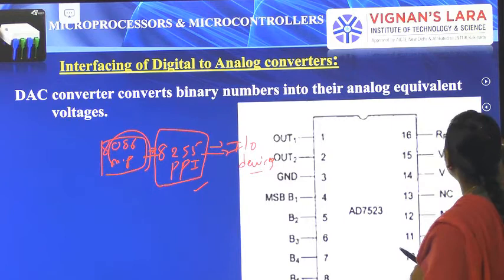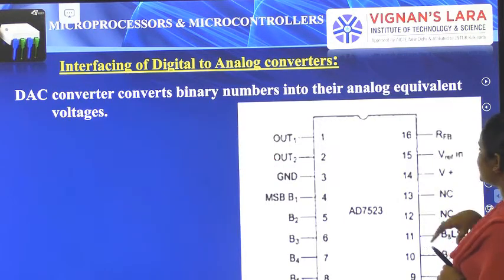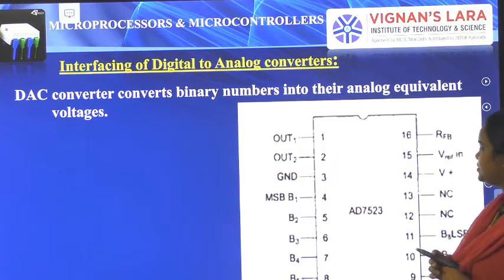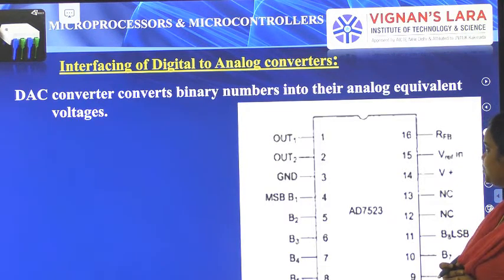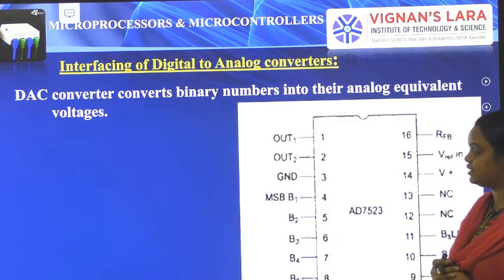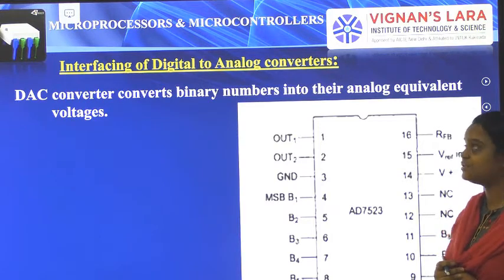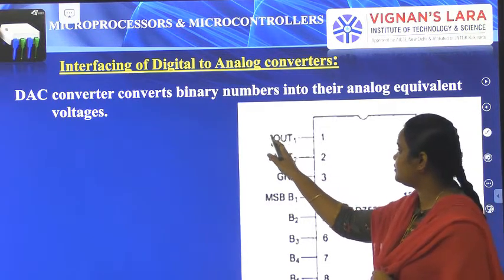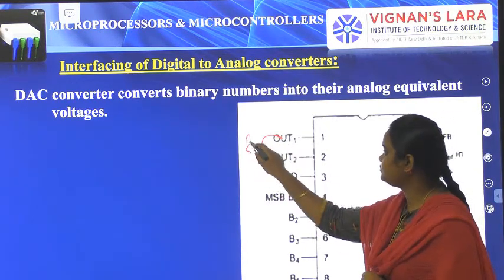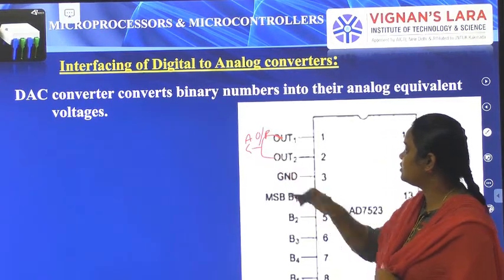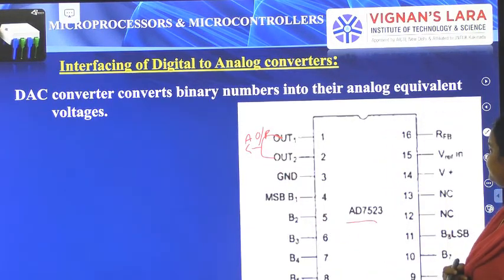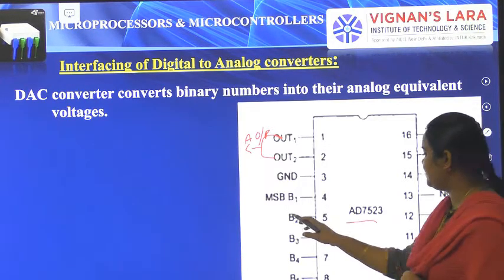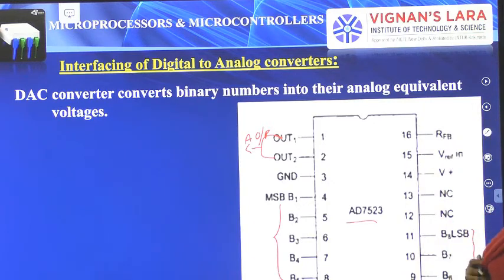So this is the IC for the DAC converter. This is the IC AD7523, which is used for conversion of binary numbers into analog values. Here we have output 1 and output 2 for getting the analog output from this converter, and we give the binary input from V1 to V8.